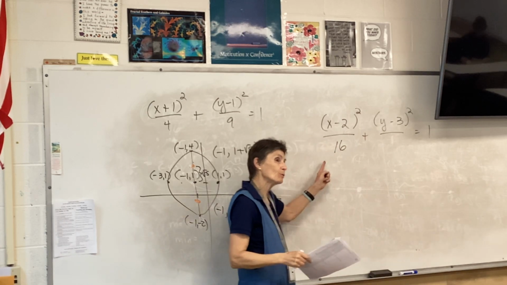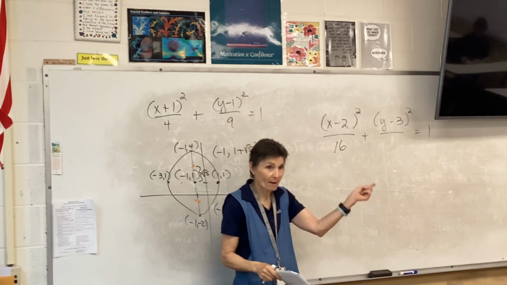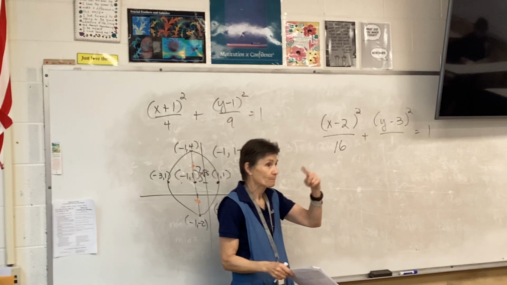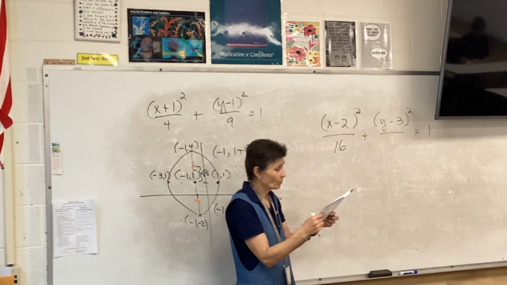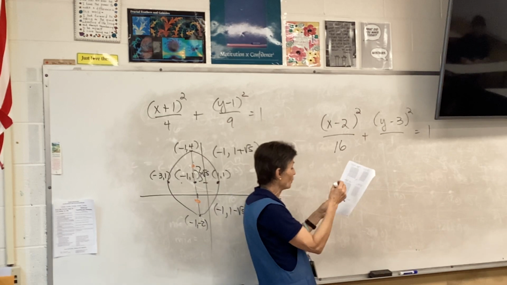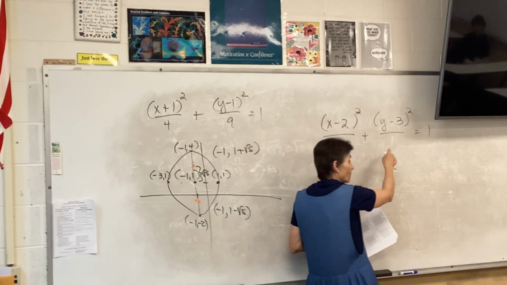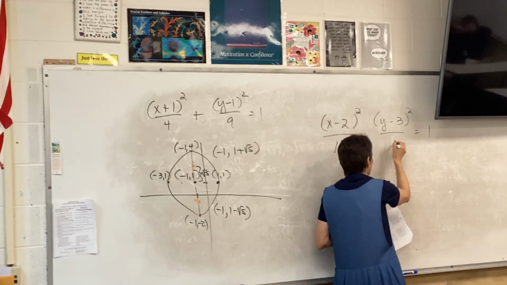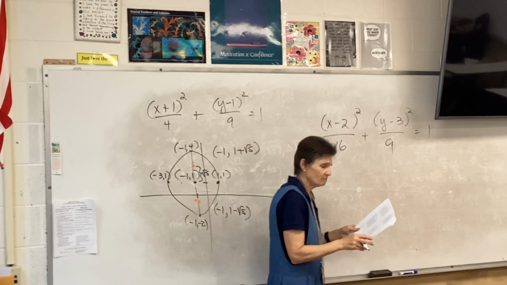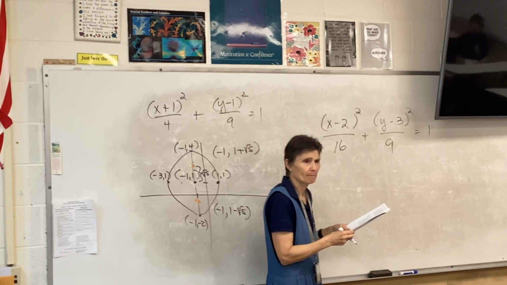Because you square root that number to find out how far back and forth to go. Okay, so what's happening with the Y's? It looks like I'm going up and down 3, which means this number has to be a 9. That seemed pretty easy to me.